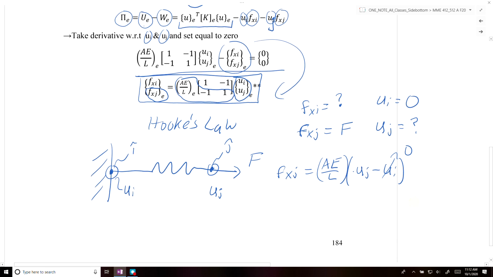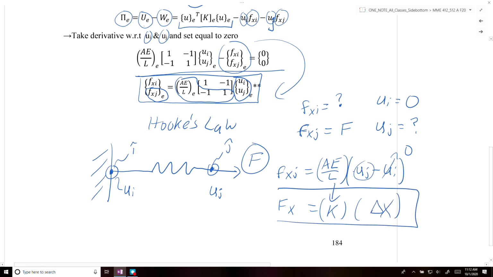So we could say that Fx, or a force applied to our spring, would be equal to K, which is equal to AE over L for an elastic material, times u of j, which would be our delta x. Okay? So this is how you can relate Hooke's law for a simple spring back to the finite element definition for a bar element.